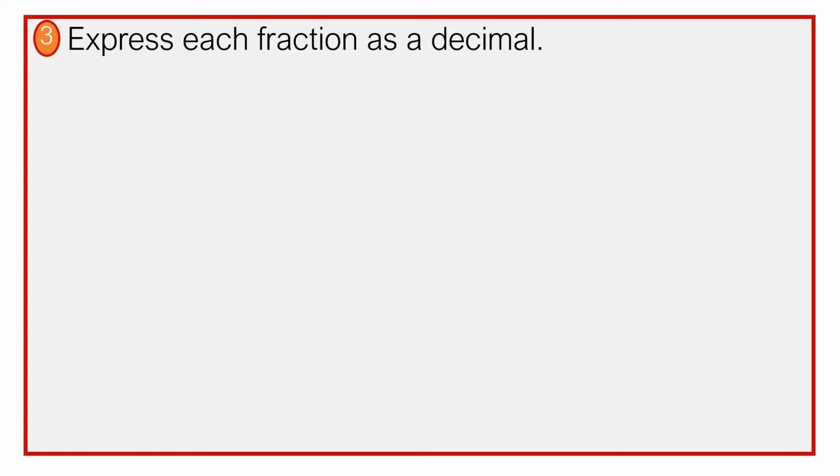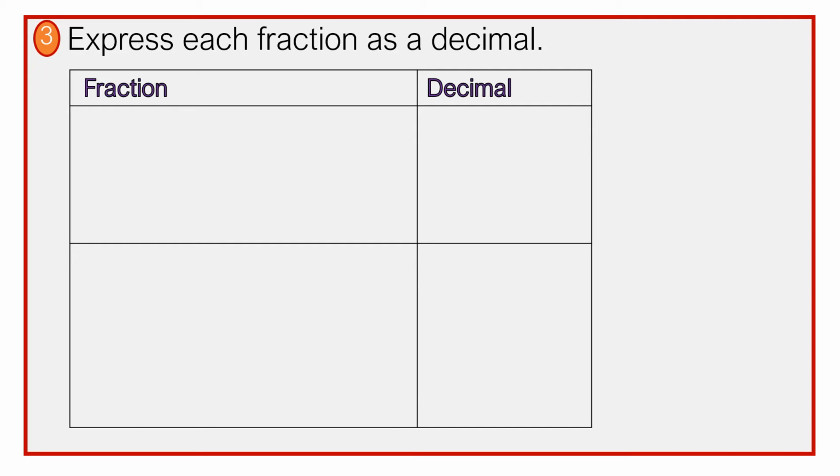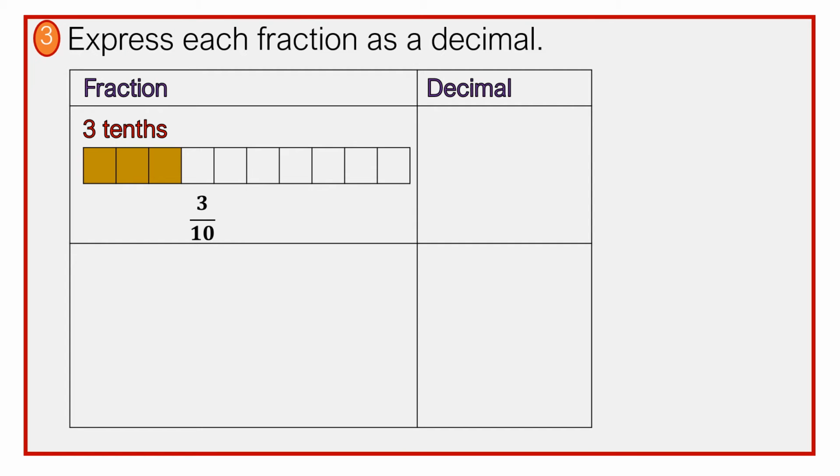Part 3. Express each fraction as a decimal. Now we have 3/10. 3/10 is the same as 3 out of 10.